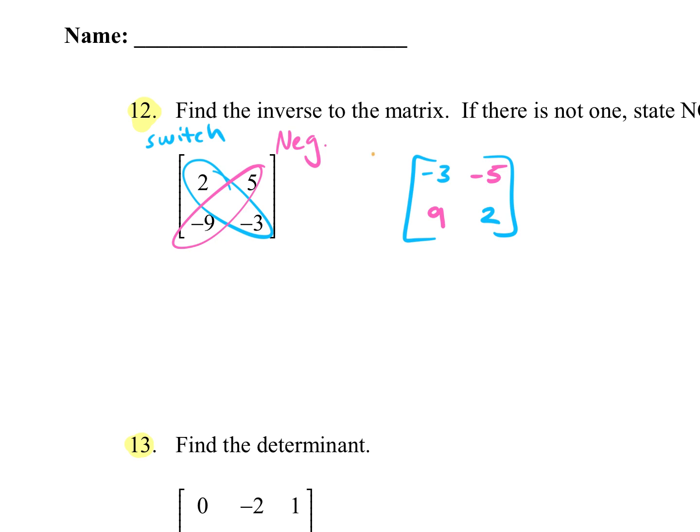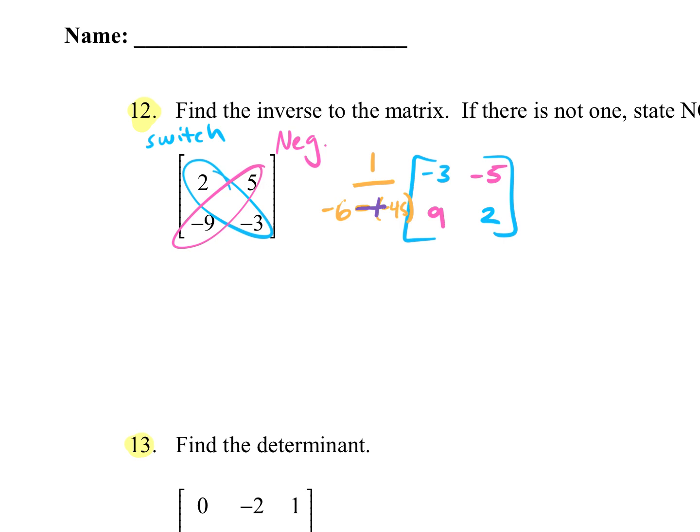And then we multiply by 1 over the determinant, which is majors minus minors. So 2 times negative 3 would be negative 6. Minus, the minors would be negative 9 times 5, which would be negative 45. So this turns into a plus. Negative 6 plus 45 would be 39.